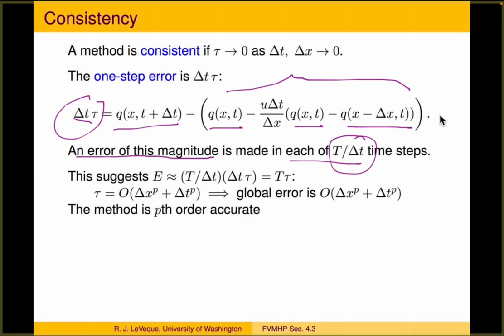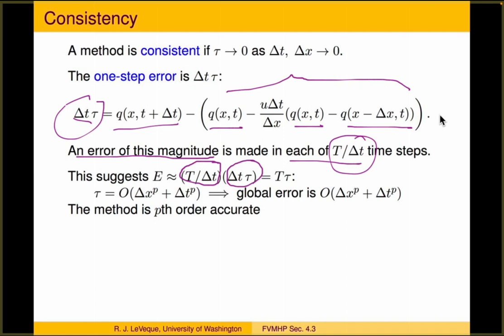So as we refine the time step, the number of time steps we have to take goes to infinity, like capital T over delta t for a fixed time capital T. So if we look at the global error at time capital T, we could approximate that by the number of time steps we take times the error we make in every step. And when we do that product, the delta t's cancel out, and we get something that looks like T times tau.